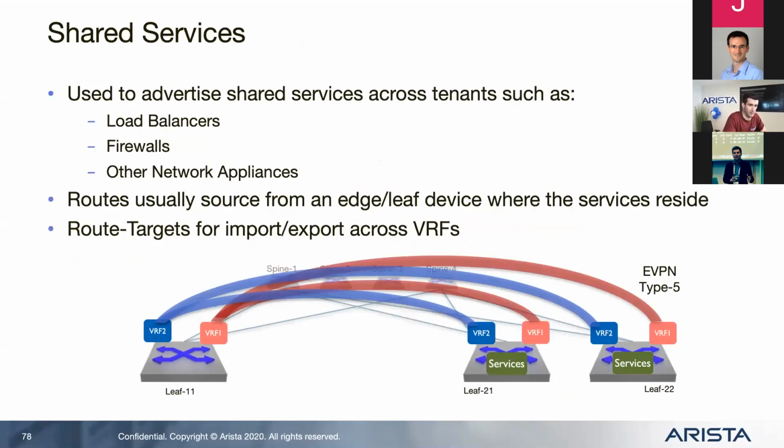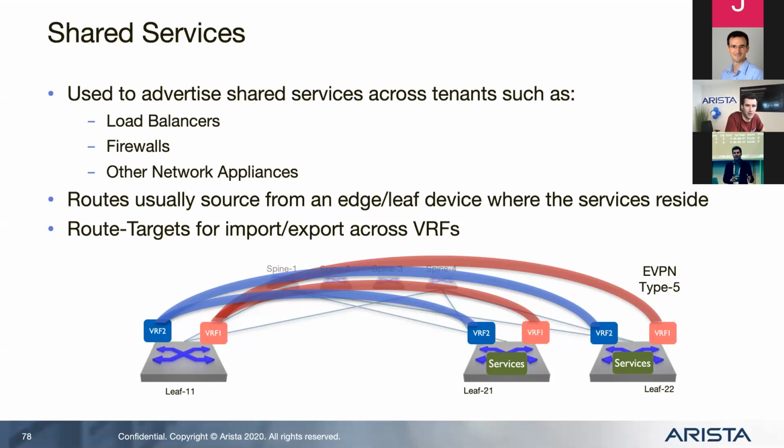Shared services. How do you connect the likes of load balancers, firewalls, or any other network appliance? The leaf and spine type designs that we're talking about here don't have a natural bottleneck in the network like you would with a core, distribution, or access type design.